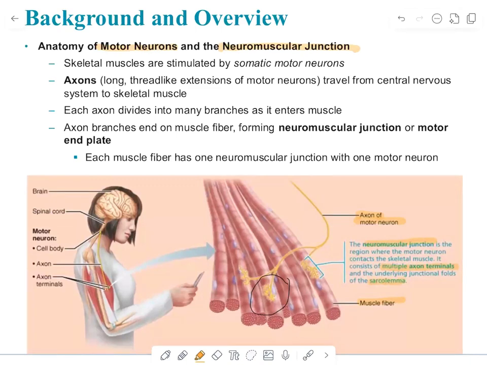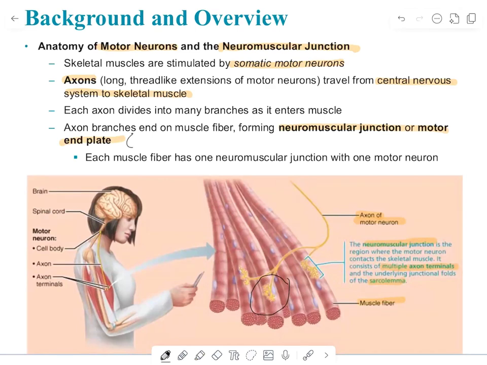Basically, there are chemically gated receptors on the sarcolemma, which is where acetylcholine binds. The skeletal muscles are stimulated by what are called somatic motor neurons. The axons travel from the central nervous system to the skeletal muscle, and the axon branches, and those branches end on the muscle fiber, forming the neuromuscular junction or the motor end plate.